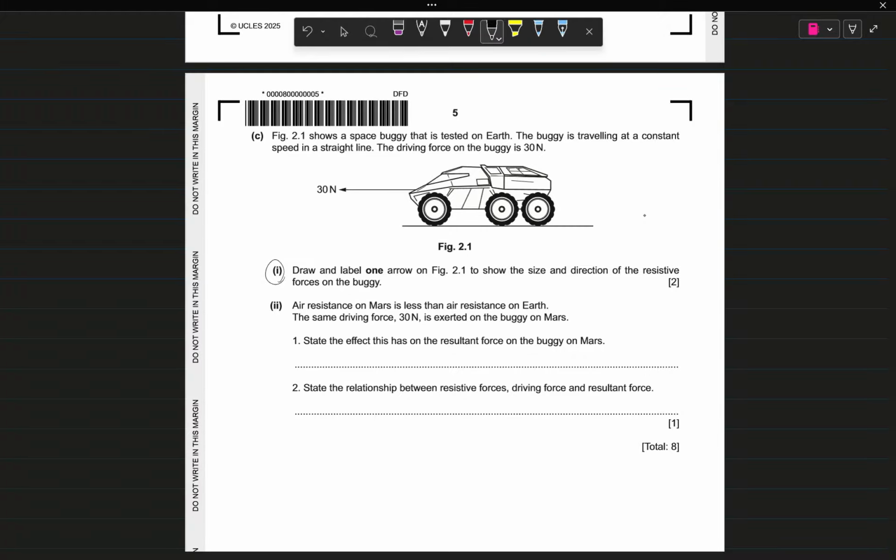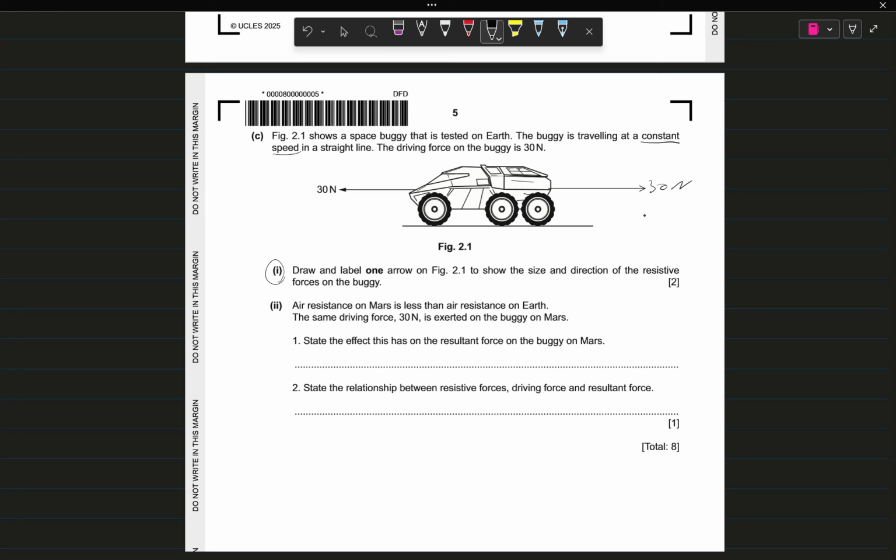Since here it is traveling at constant speed, we will have, on the opposite side, an equal force to the 30 newtons, which means that it should also have the same length. So we draw another line, like so, and label it 30 newtons as well.